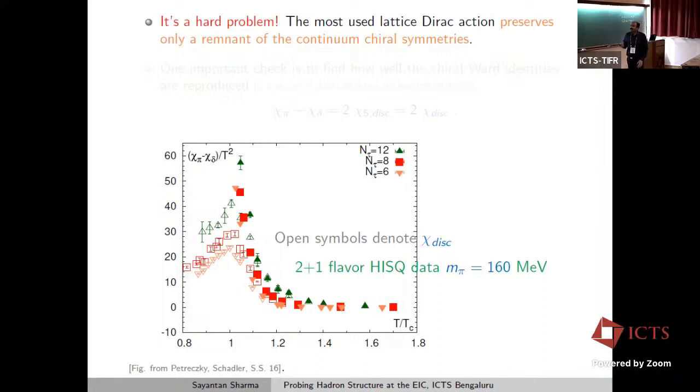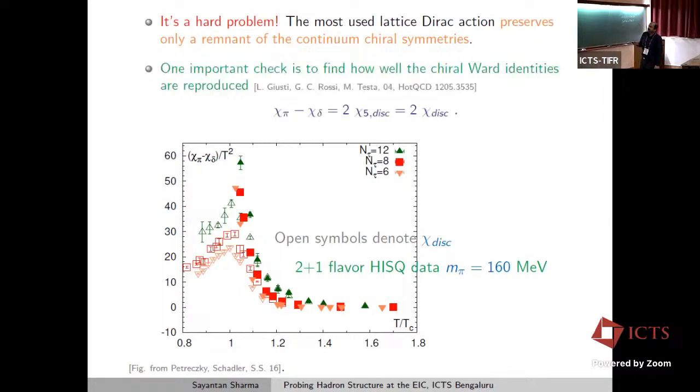So it is important that when we do these problems, as we go to the continuum limit, we do proper continuum extrapolations of all our results. That's very important. And then it is also important to check how well the chiral symmetries are preserved on the lattice. For those, we have to check the chiral Ward identities.